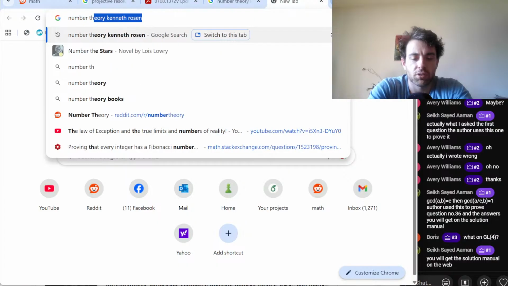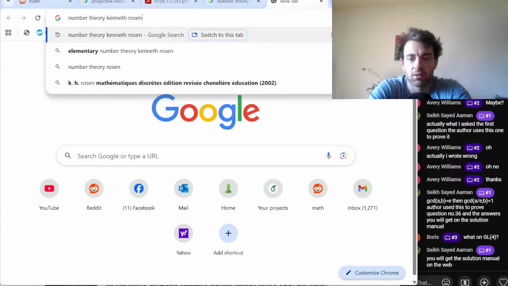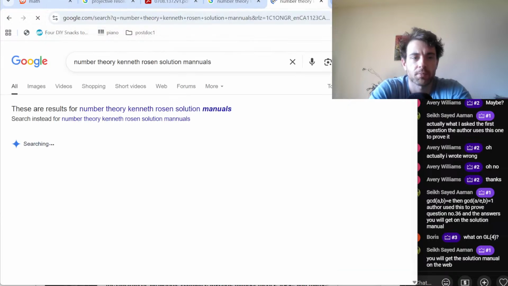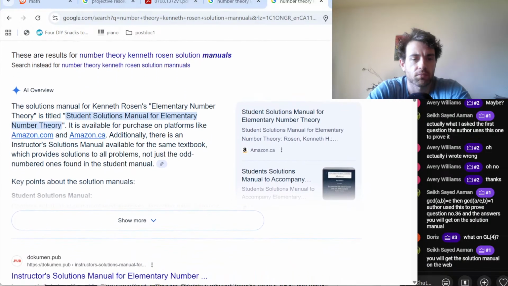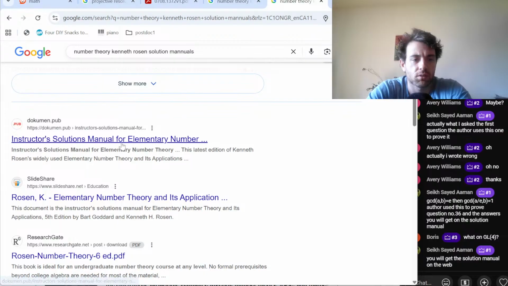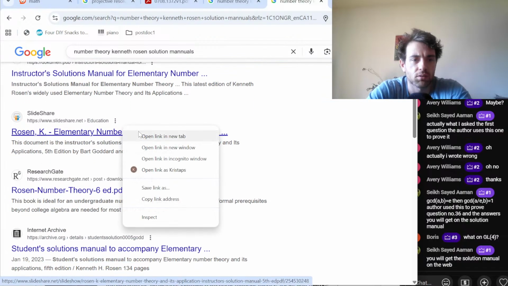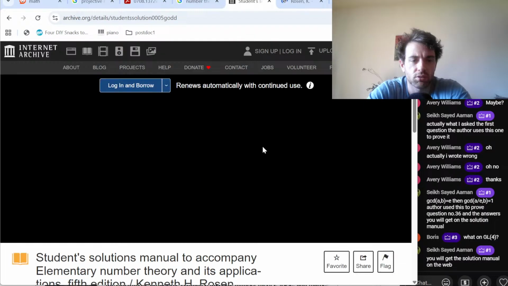Okay, number theory, Kenneth Rosen solution manual. Student solution manual on the Internet Archive.